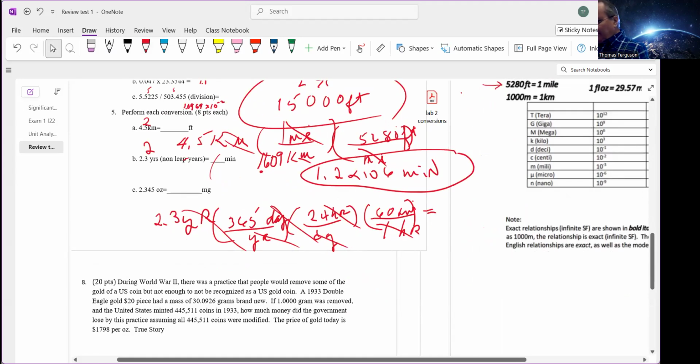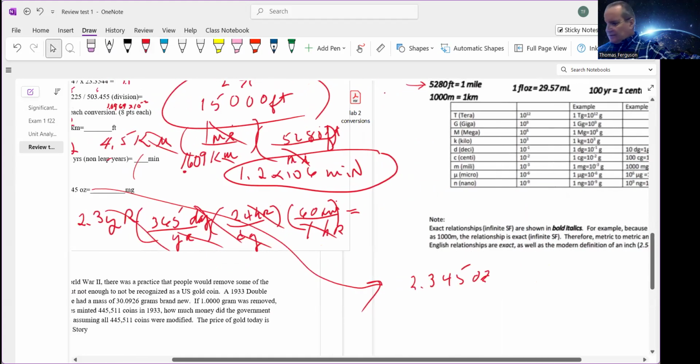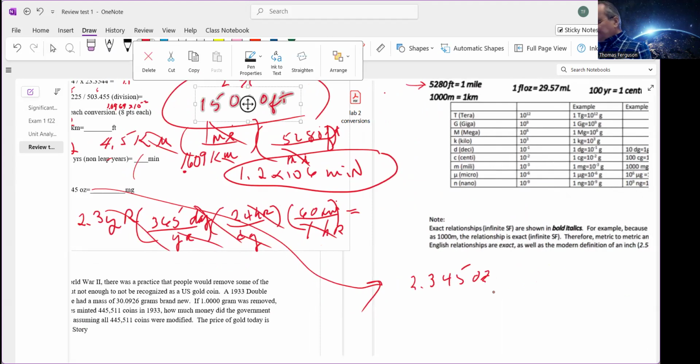Okay, let's do this one over here. So we have two. Convert that to milligrams. All right, so how do you want to proceed? Let me go to ounces to what?